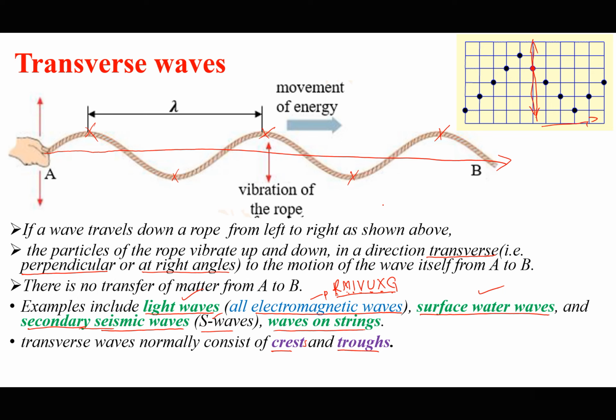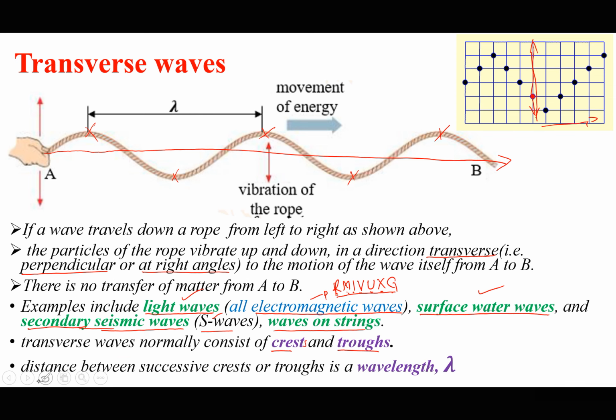Those are peaks and valleys maybe, or hills and valleys if you want to call them. And the distance between one peak and the next peak, or the distance between successive crests or successive troughs, is what we shall call the wavelength. You mentioned that the distance between one peak and the next peak, that's why I'm using the word successive.